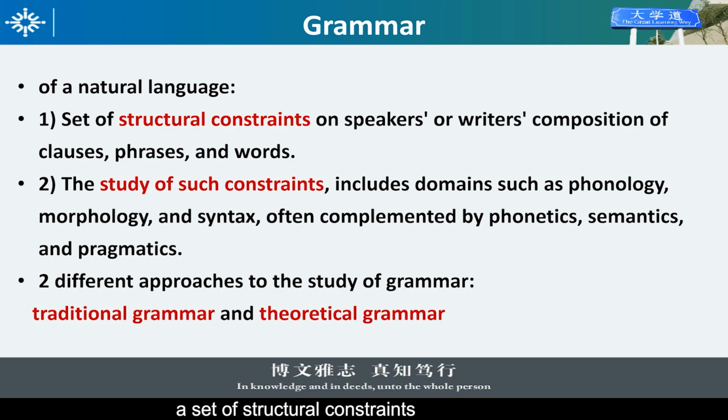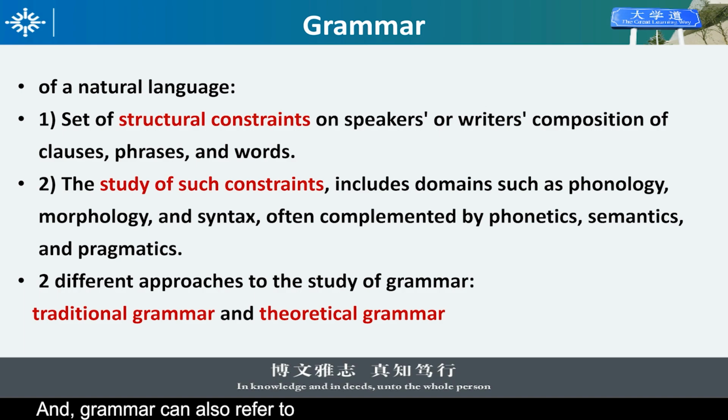That means the set of structural constraints on speakers or writers' composition of clause, phrases, and words. This is something about a natural language, an ethnic language, a language used by a group of human beings. Besides, we can also discuss the grammar of an artificial language. For example, computer language also has grammar. Now, in this chapter, we're going to talk about the natural language's grammar.